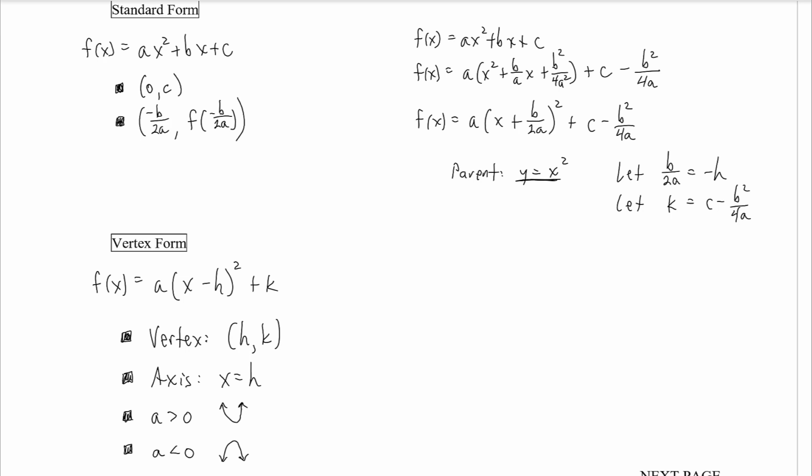Or I guess you could remember that it's just c minus b squared over 4a. This would be a lot to remember, and I've got plenty to remember. I don't need any more. So that's up to you. I personally would just remember that it's negative b over 2a to get the x-coordinate, then plug it in to get the y-coordinate. That's my personal preference. But you could remember that it's c minus b squared over 4a, I suppose.